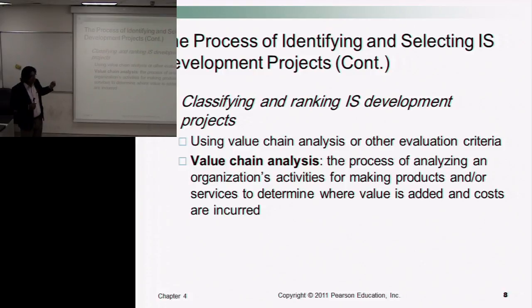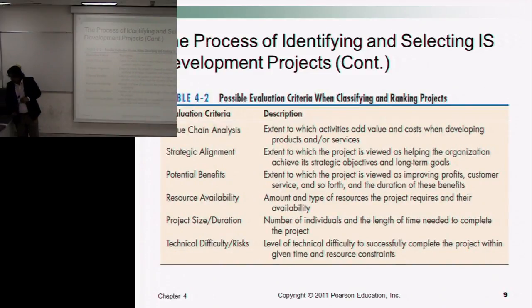Now, there are certain criteria. For instance, this ranking of the projects after identifying them is based on certain criteria. For example, value chain analysis is one of the criteria. Strategic alignment, potential benefits, resource availability, project size, duration, and then technical difficulties or risks involved.